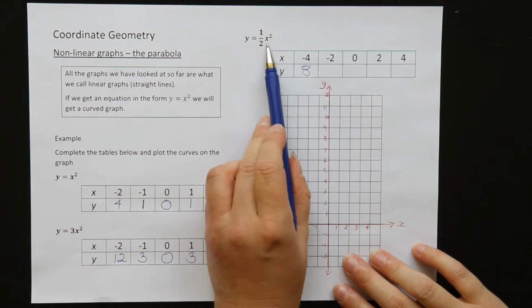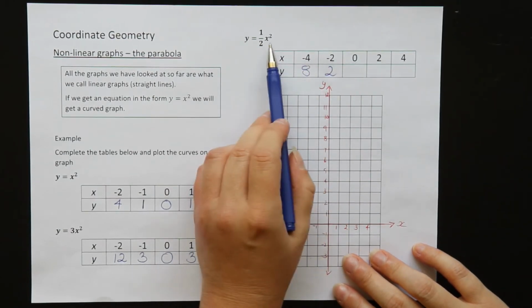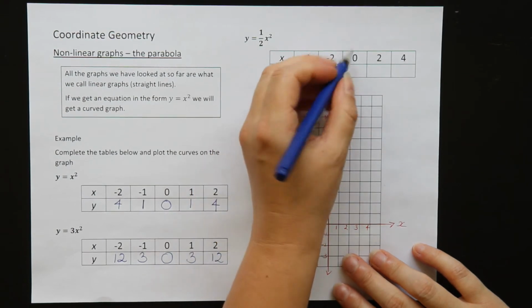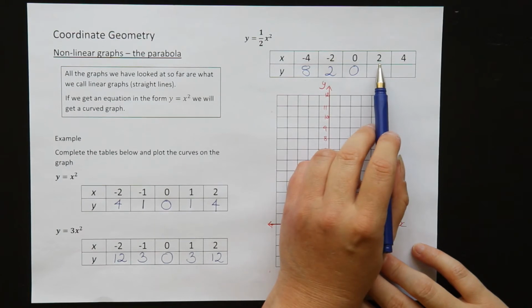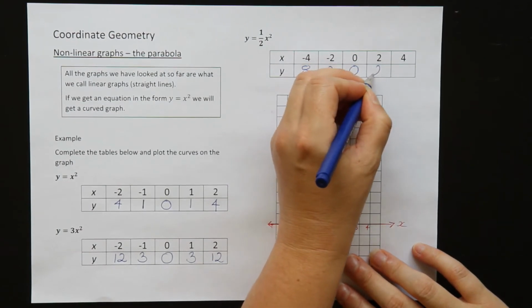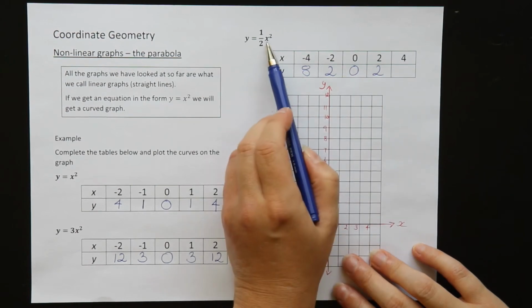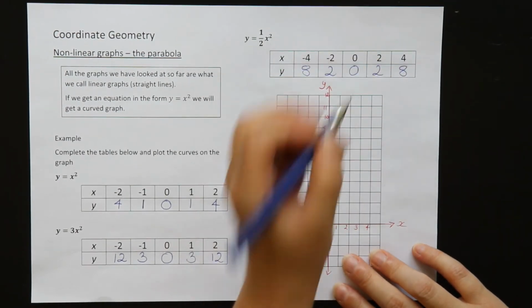Negative 2 squared becomes a positive 4. Half of 4 is 2. 0 squared is 0 and half of 0 is still 0. And you might guess what's going to happen on this other side here. 2 squared is 4, half of 4 is 2. And 4 squared is 16, half of 16 is 8.